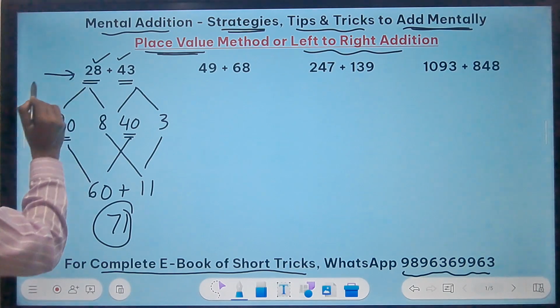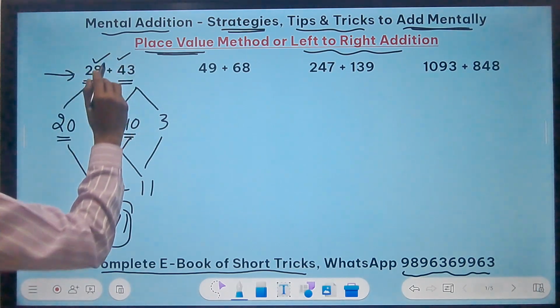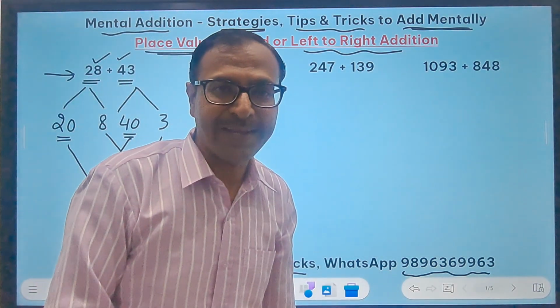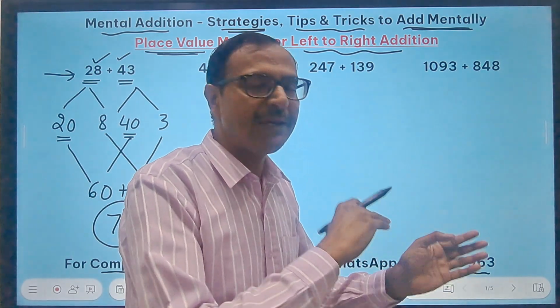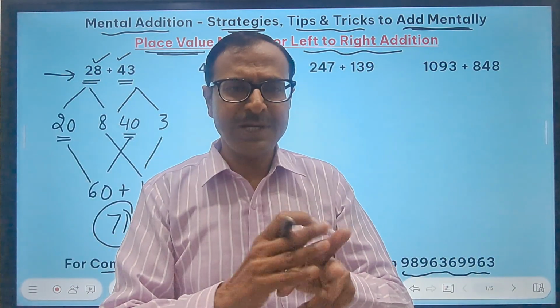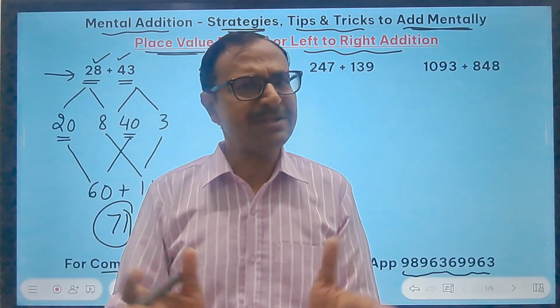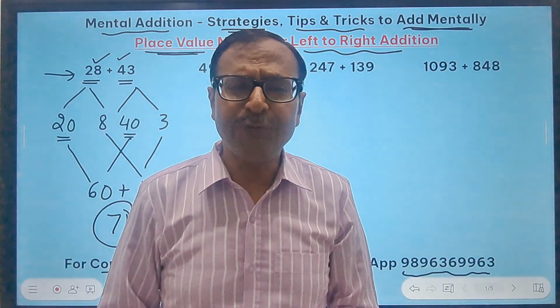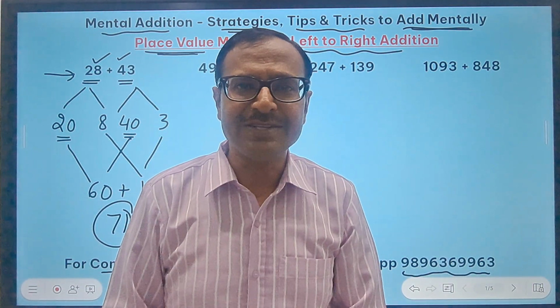So instead of thinking about 28 and 43 and stressing your mind, you have to think 28, 43, 20 and 40, 60, 8 and 3, 11, so 60 and 11, 71. That's a very important strategy in mental addition.